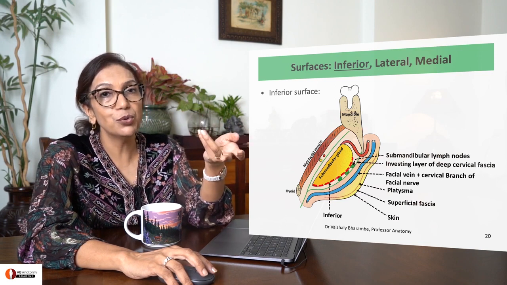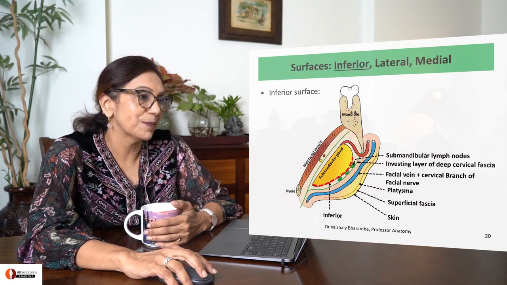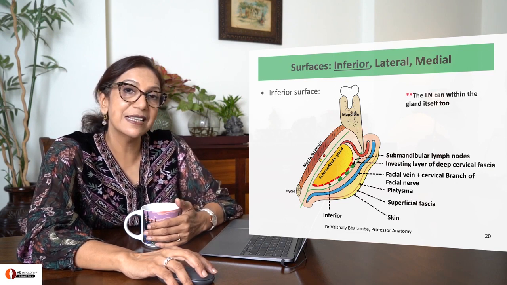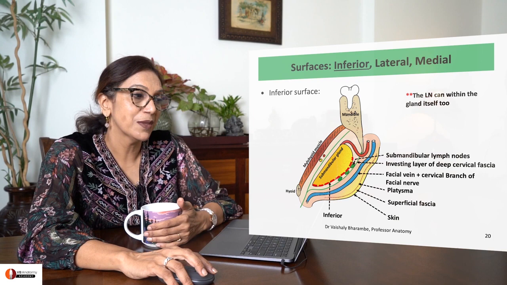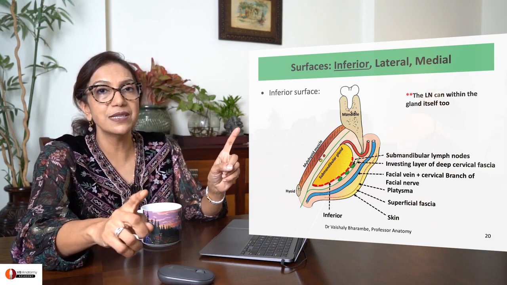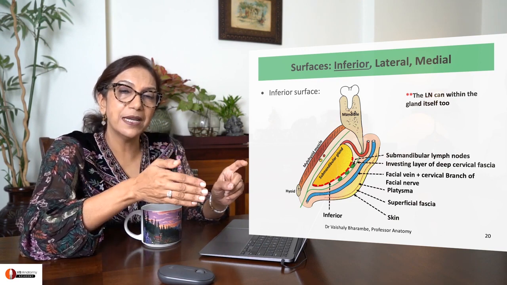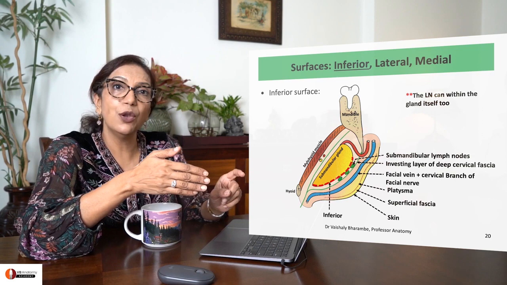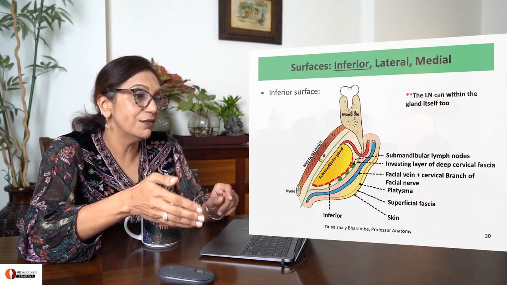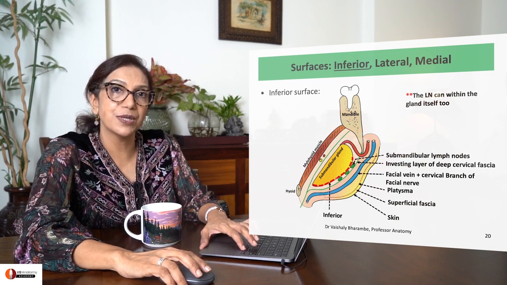You might have to remove the gland itself because the lymph nodes are embedded in the gland. That's the applied anatomy you should remember. So this completes our inferior surface. From the gland to the surface, to the skin, superficial fascia, platysma, facial vein along with cervical branch of facial nerve, investing layer of deep cervical fascia and submandibular lymph nodes.